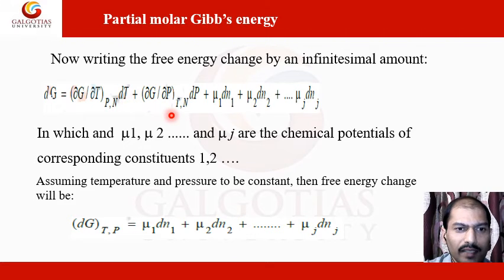So the expression which comes is del G upon del P in a different function. So the overall dG will be the addition of all these expressions.